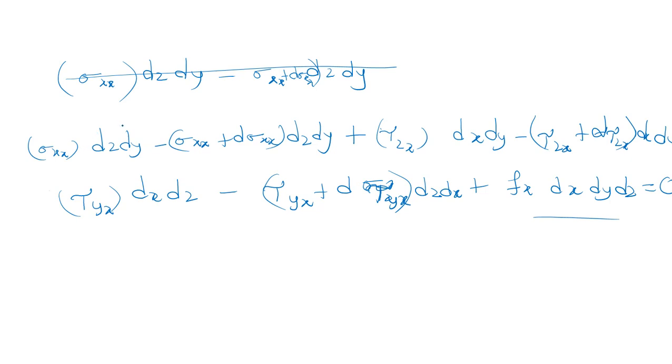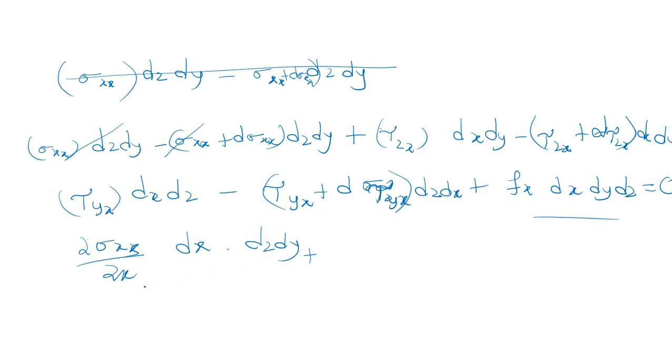Because of the changing dimension, this one is cancelled. Finally we can write it as d sigma x divided by dx multiplied with dx into dz dy.